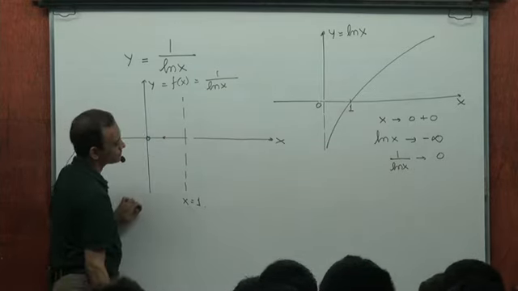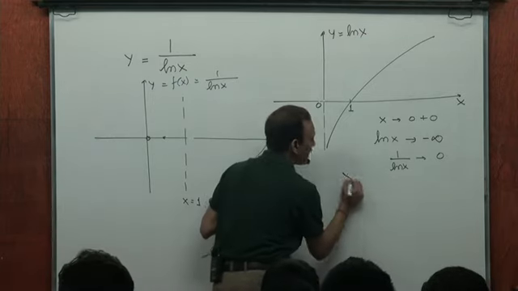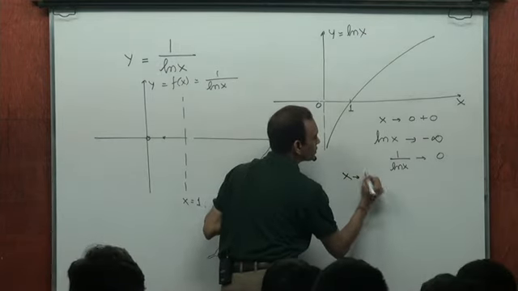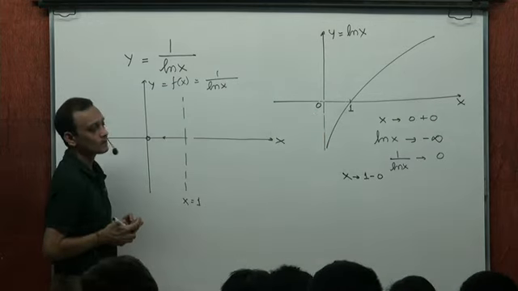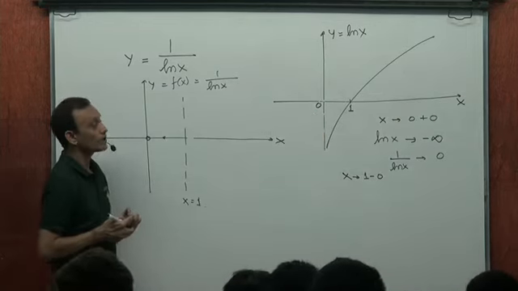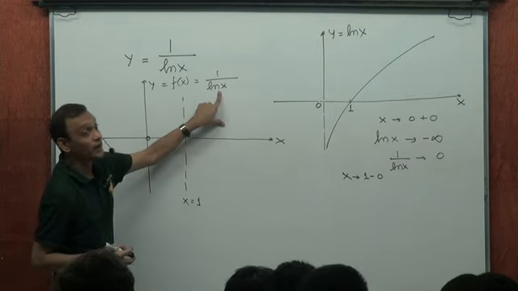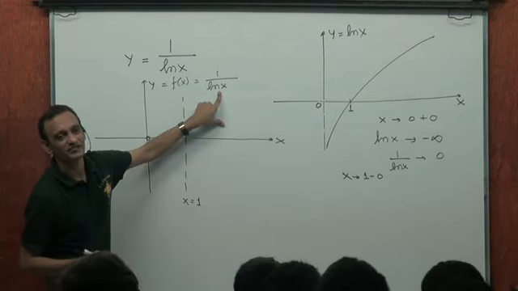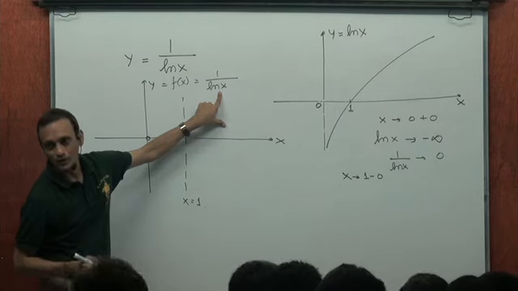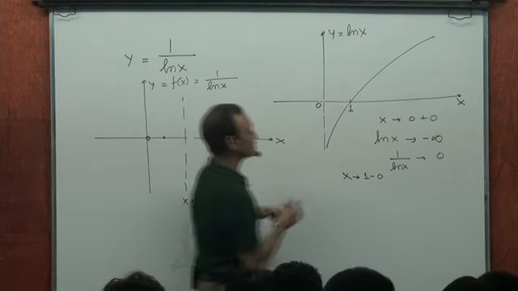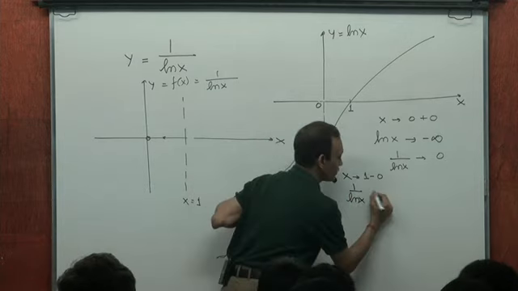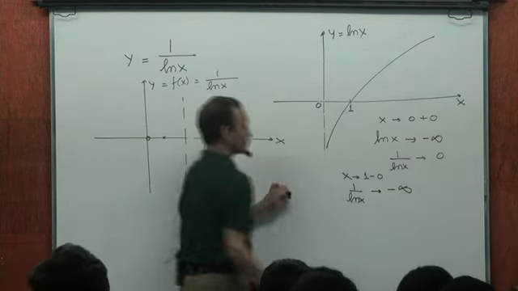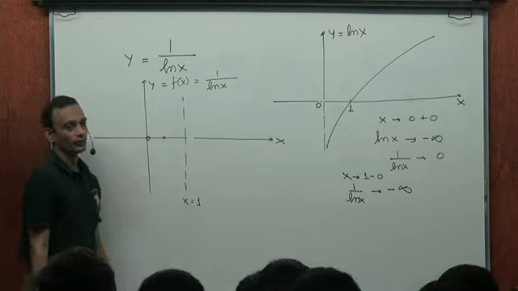Not only that, as x tends to 1 from the less than 1 side, 1 by ln x would tend to minus infinity, isn't it? Right?